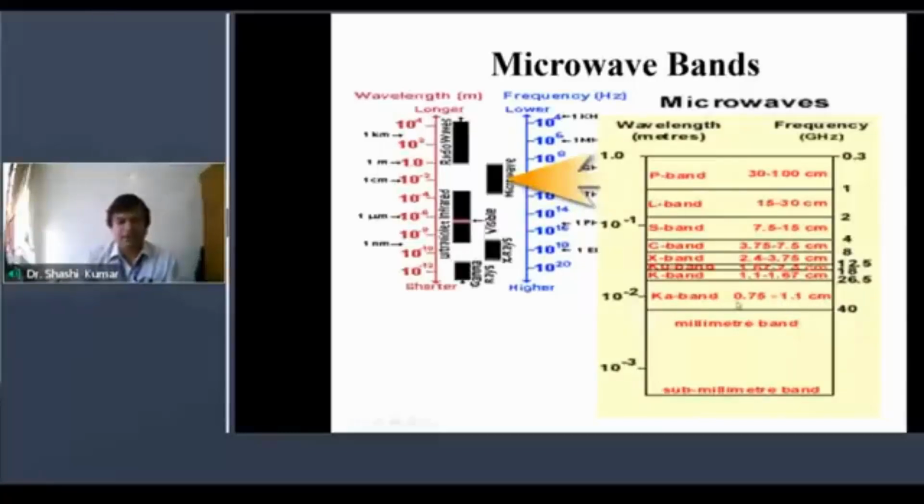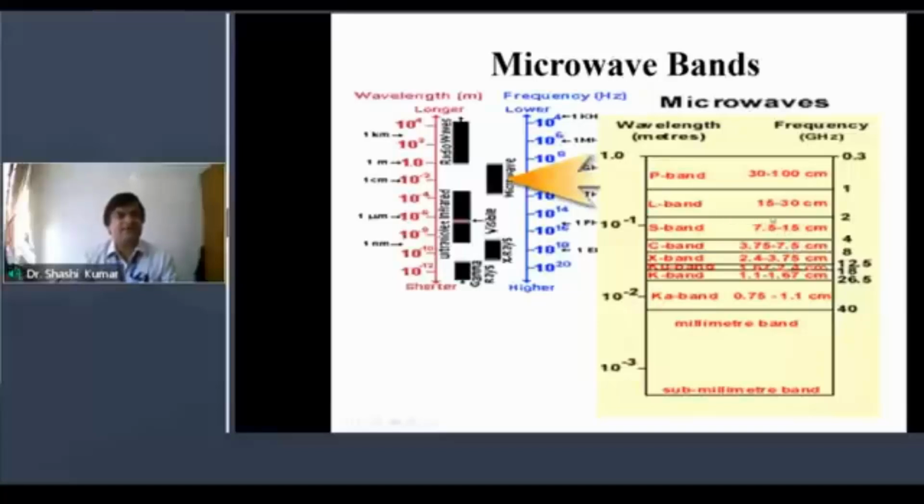Now, moving from K band to P band: K band covers approximately 0.75 centimeter to 2.4 centimeter wavelength range of the electromagnetic spectrum. X band covers 2.4 to 3.75. C band covers 3.75 to 7.5. S band covers 7.5 to 15 centimeter.